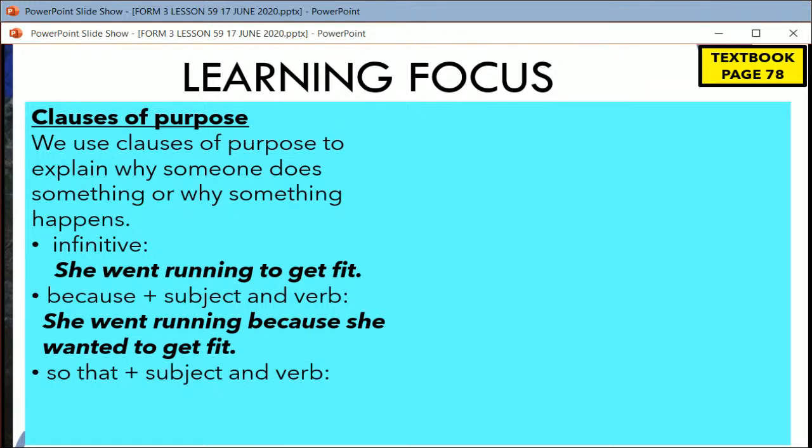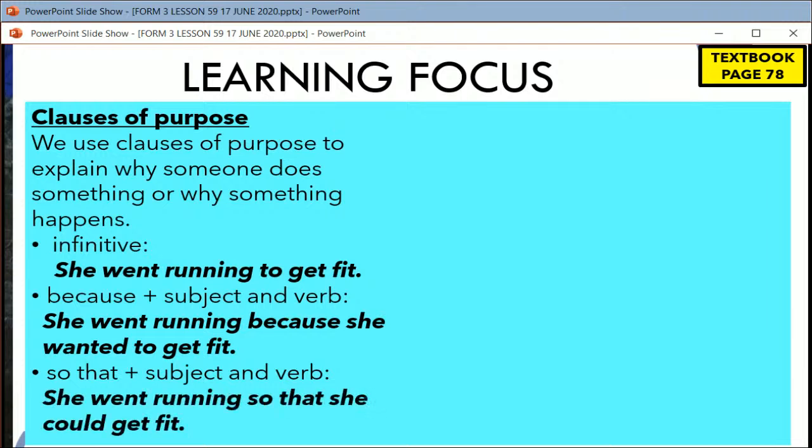You can also use so that plus subject and verb. She went running so that she could get fit. Look, one type of idea can be written so many ways. So you can have shorter sentences, longer sentences, and so on. So as to plus infinitive without to, meaning you don't have this to here.